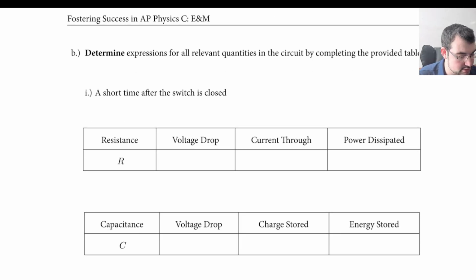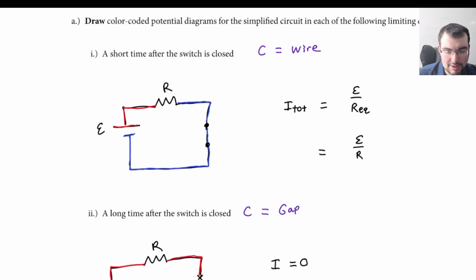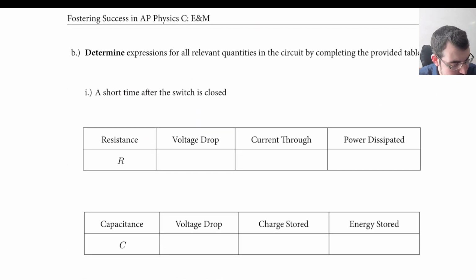All right, so let's determine everything. The resistance at short times: well, in short times, we see it is just a simple Ohm's law circuit. It's just an EMF epsilon in series with a resistance R. So you feel the full voltage drop of the battery. And then for current, we just use Ohm's law.